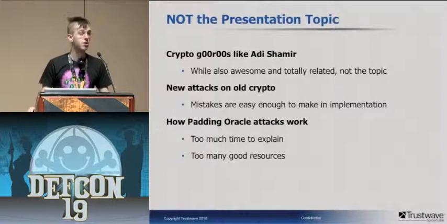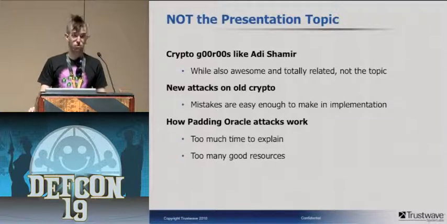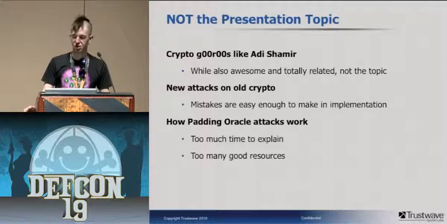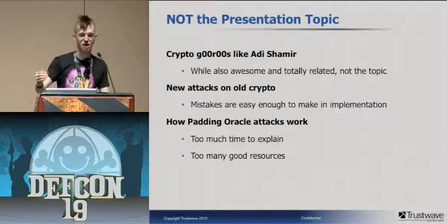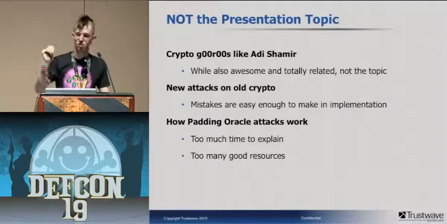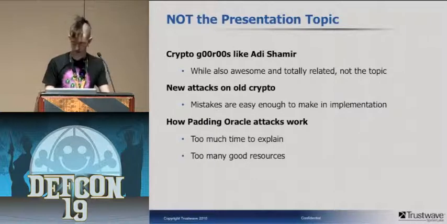We're also not going to be talking about how padding oracle attacks work. If you would like to know, the presentation from Ekoparty, Padding Oracles Everywhere, is a fantastic resource, and it talks about the implementation of padding oracles as decryption oracles and using that against a couple of different things, JavaServer Faces, ASP.NET, so groovy stuff.